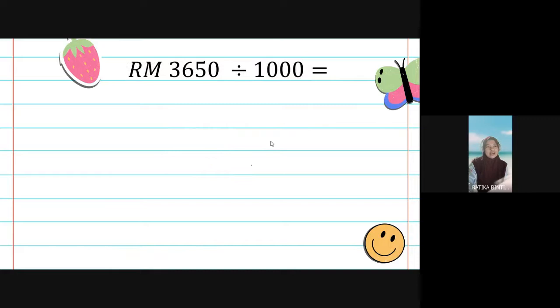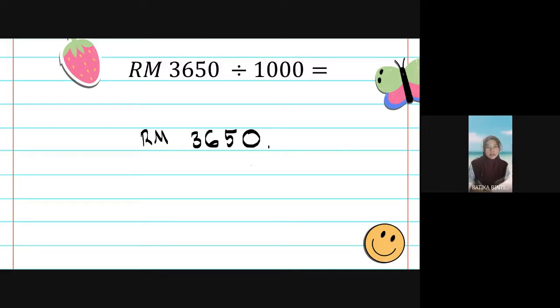Okay. Now, this one. Copy the number. Where is the decimal point for 3,650 ringgit? Where is the decimal point?